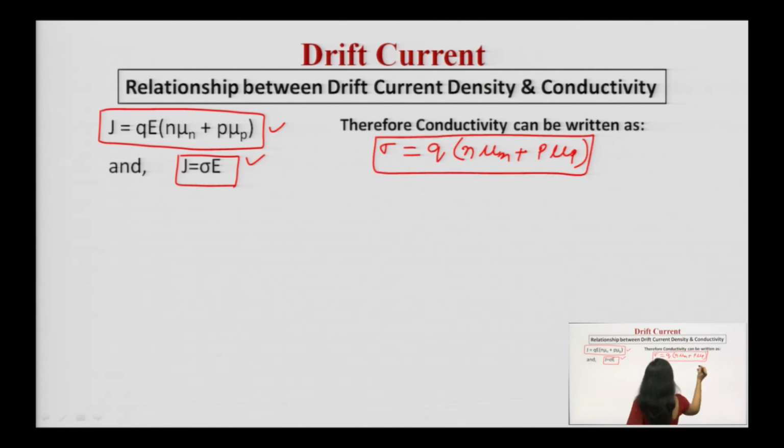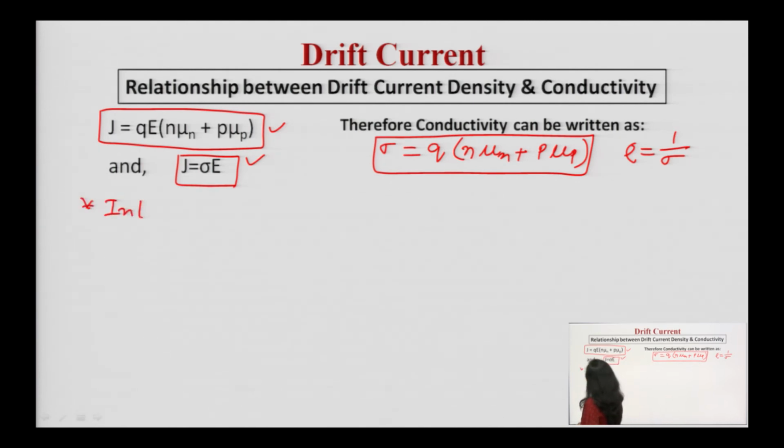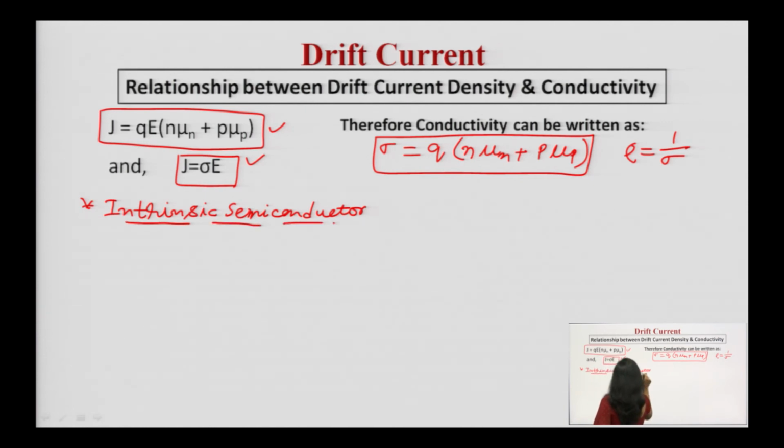If you have to write the expression for the resistivity, rho is nothing but 1 upon sigma, so this term will be 1 upon this. You can rearrange the term for the extrinsic semiconductors, and for the intrinsic semiconductors also. If we talk about intrinsic semiconductors, you know that they are the pure semiconductors.